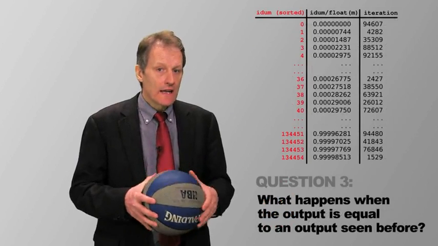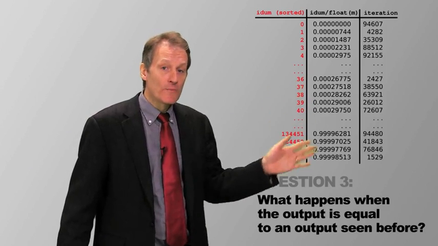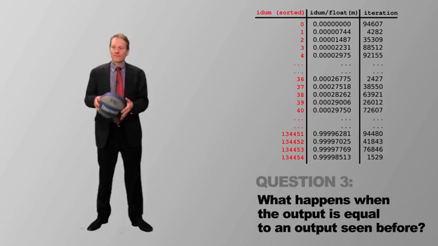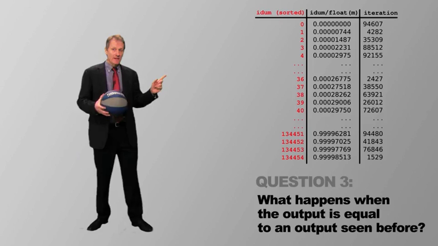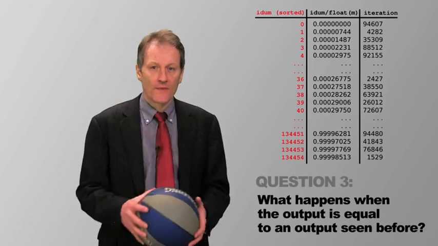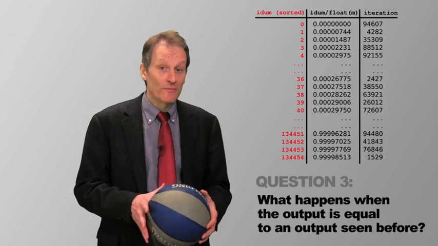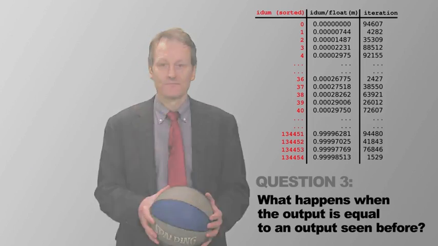We have seen that the sequence of random integers idem is bounded. So sure enough, after a certain time, we'll hit a number that we have seen before. What happens then? Run the program and see for yourself.